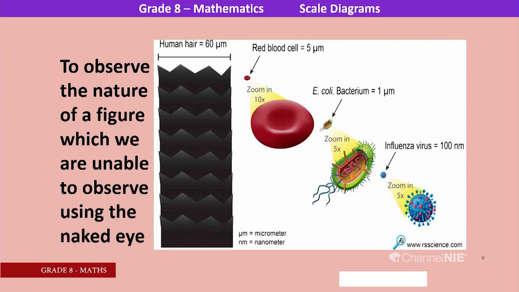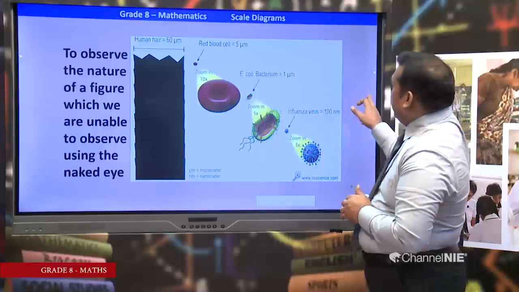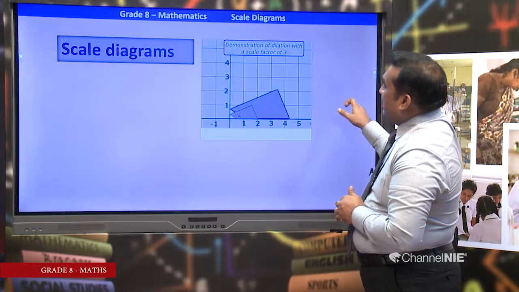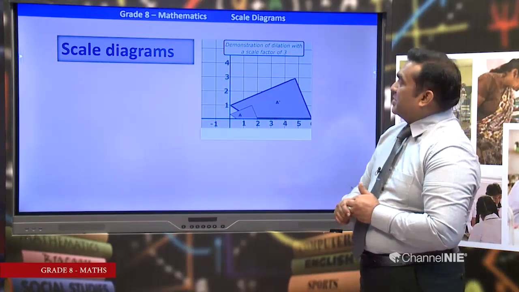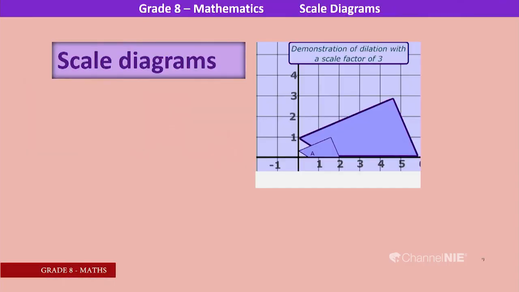You can't see those measurements with your naked eye. These are the advantages of drawing scale diagrams. Now you can see increasing the actual measurement, right? Here A dash, increasing. This is the main purpose of drawing a scale diagram.